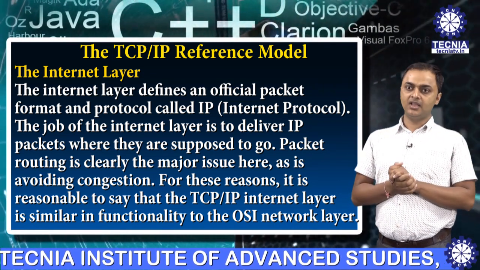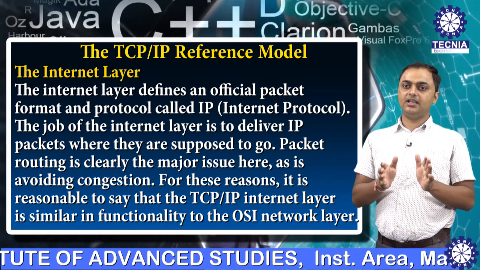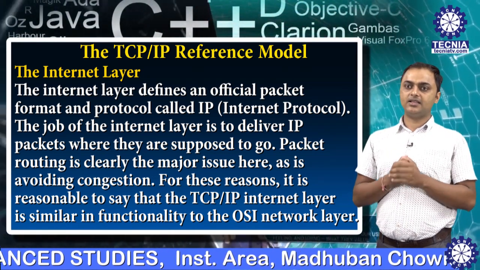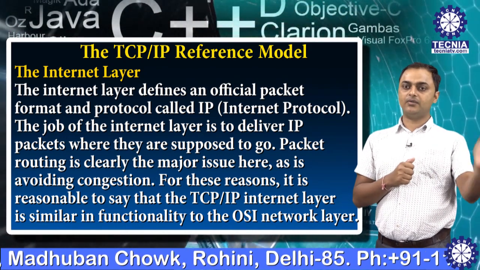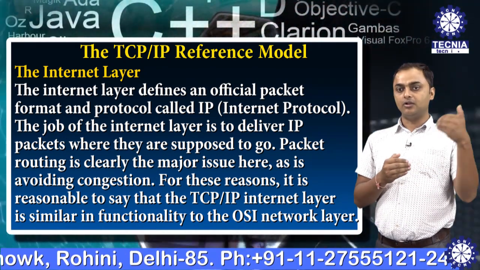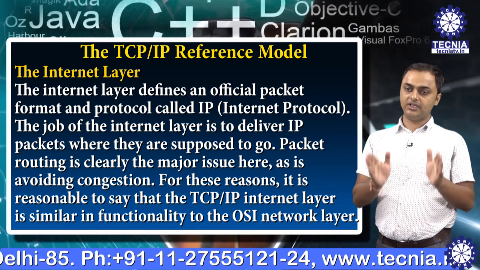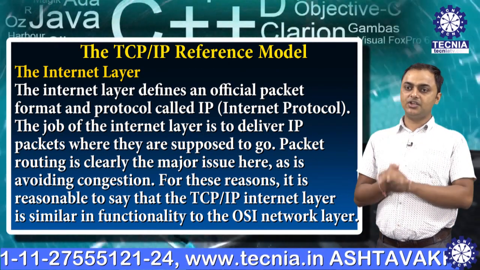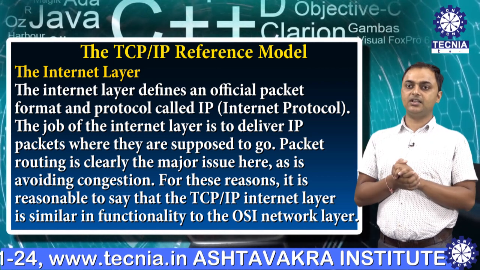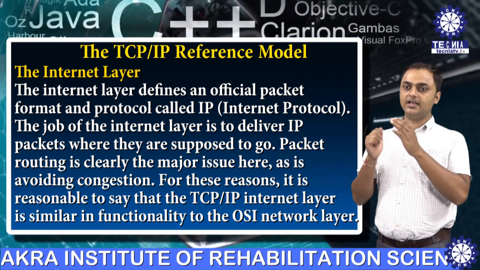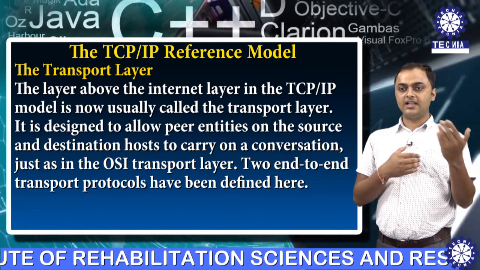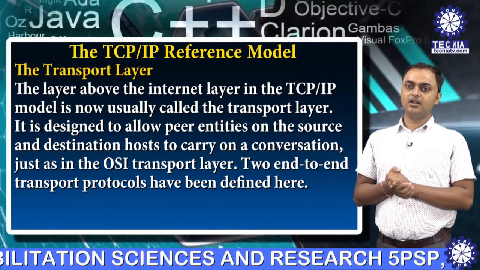Packet routing is clearly the major issue here, as is avoiding congestion. For these reasons, it is reasonable to say that the TCP/IP internet layer is similar in functionality to the OSI network layer.